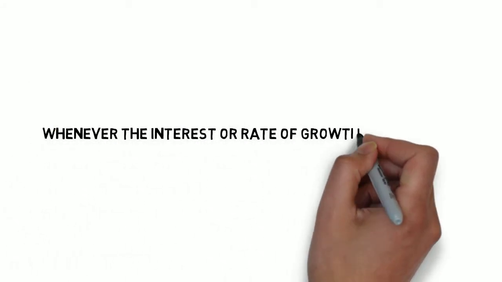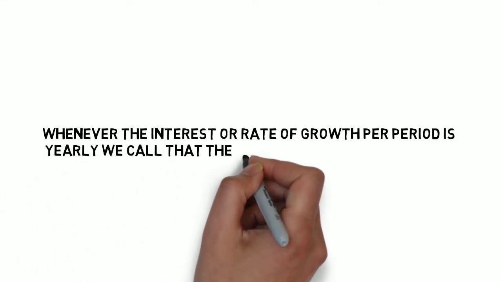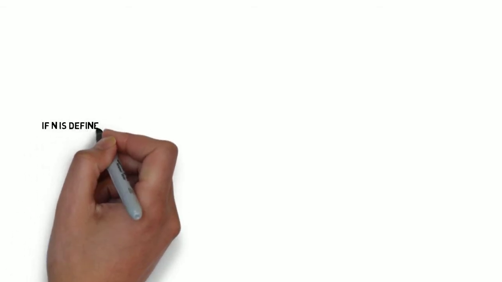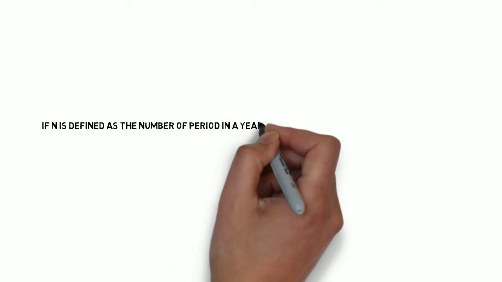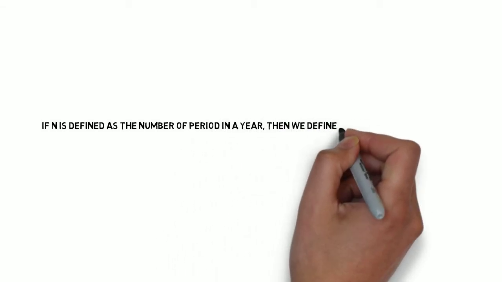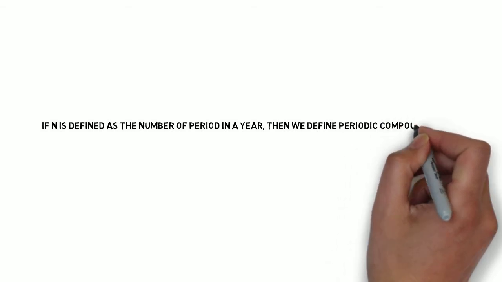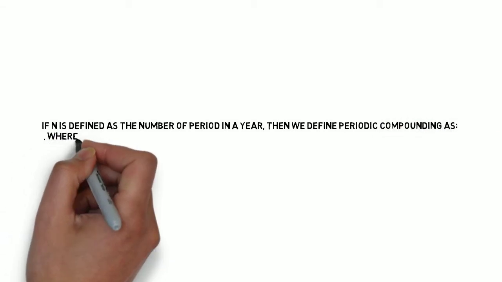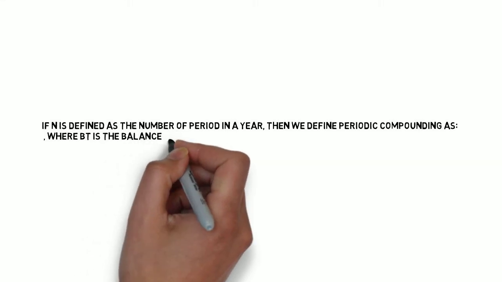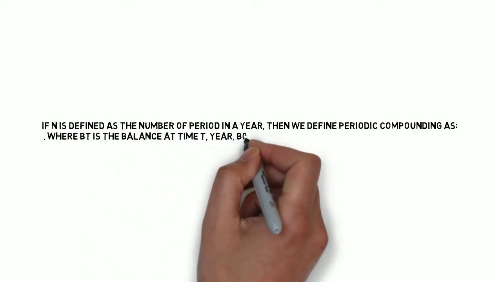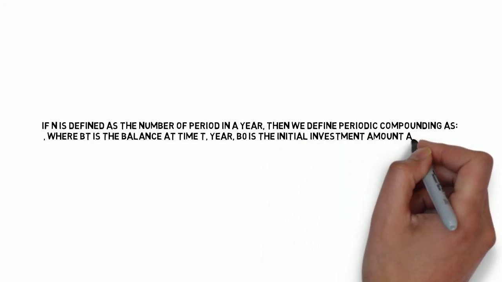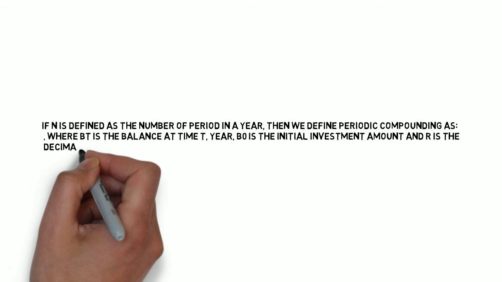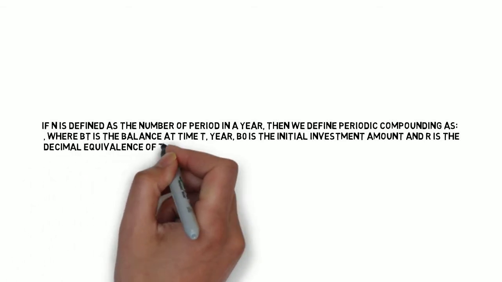Whenever the interest or rate of growth per period is yearly, we call that the annual rate or nominal rate. Next, compounding greater than yearly. If n is defined as the number of periods in a year, then we define periodic compounding as Bt equals B naught times (1 plus R over n) to the power of nt, where Bt is the balance at time t in years, B naught is the initial investment amount, and R is the decimal equivalent of the yearly percent rate.